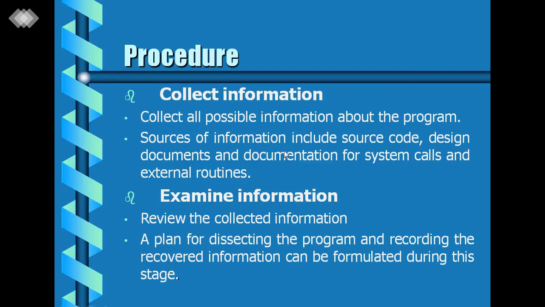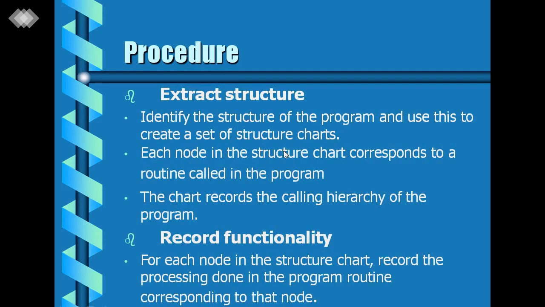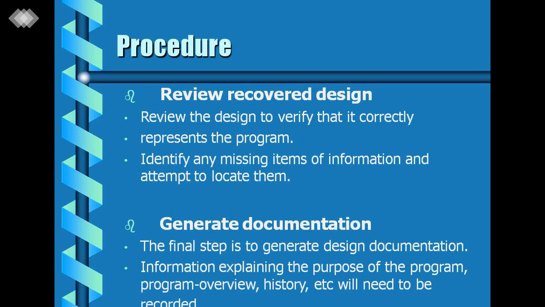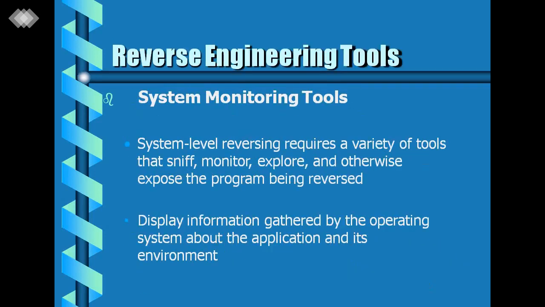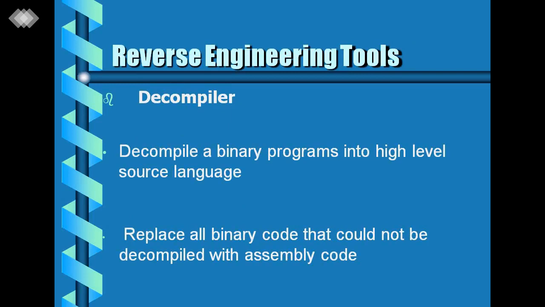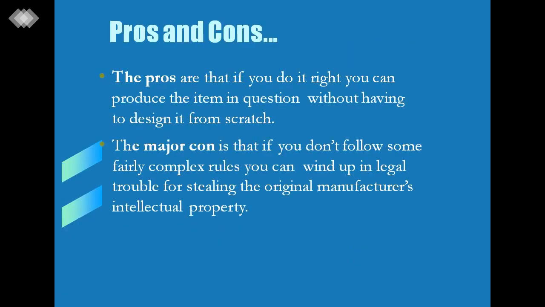Next, we covered some procedures: collect information, examine information, extract structure, record functionality, record data flow, record control flow, review recovered design, generate documentation, then system monitoring tools, disassemblers, debuggers, decompiler, and some pros and cons related to software reverse engineering.